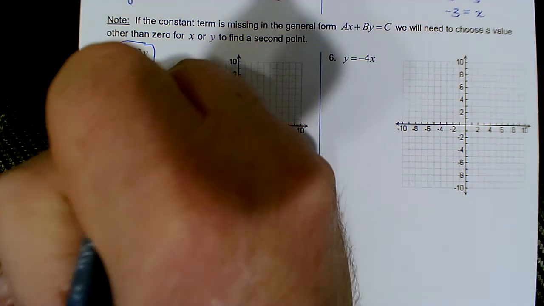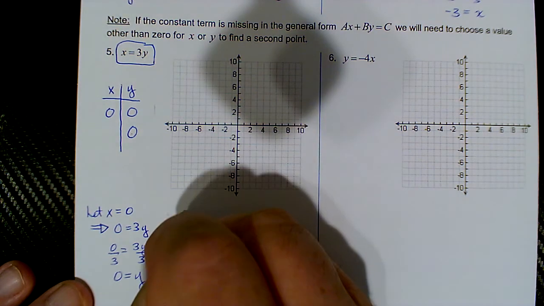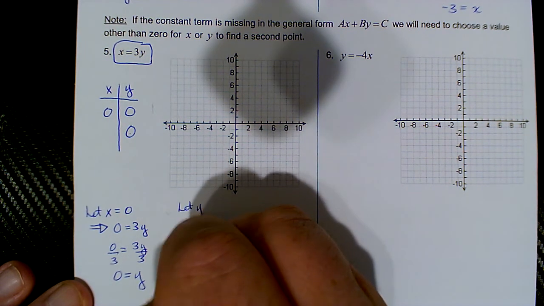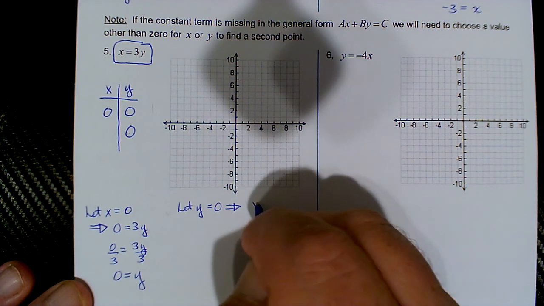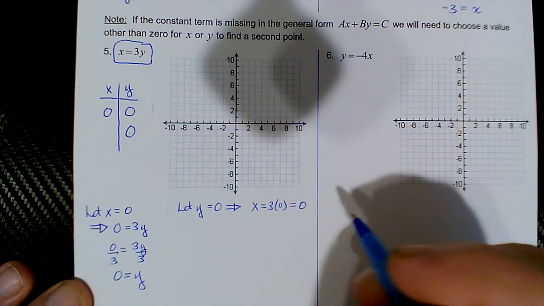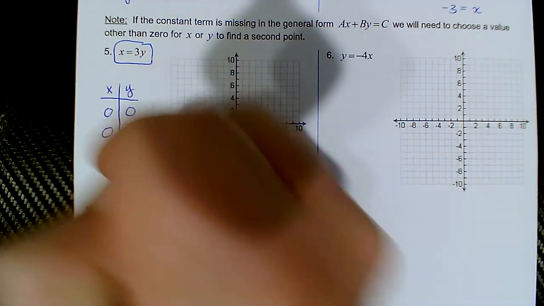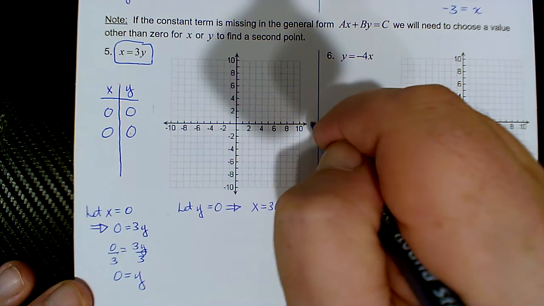So we get (0, 0). But notice, if we now let y equal 0, then we get that x equals 3 times 0, or 0. So (0, 0) again. So we have the same point, okay? The origin, actually.